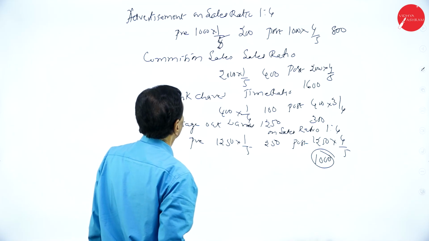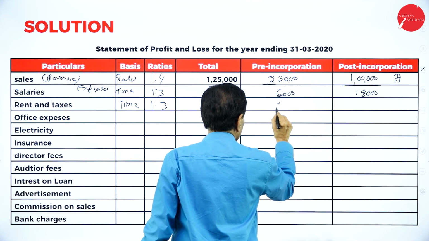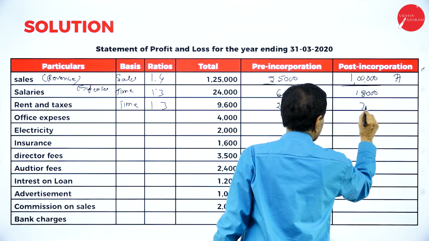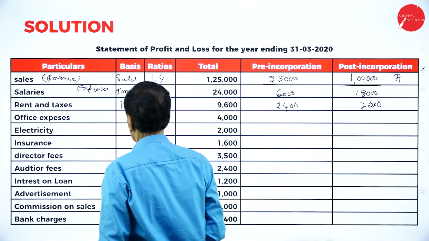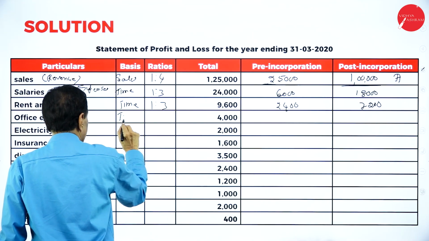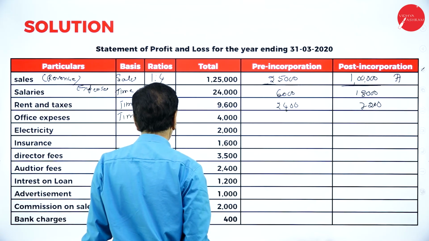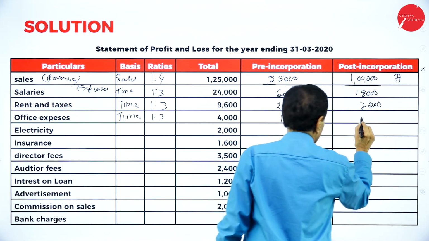Then office expenses, time ratio 1:3, 4,000. 1 by 4 of 4,000 is 1,000, 3,000.